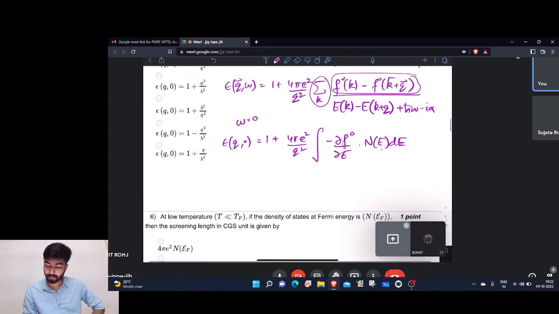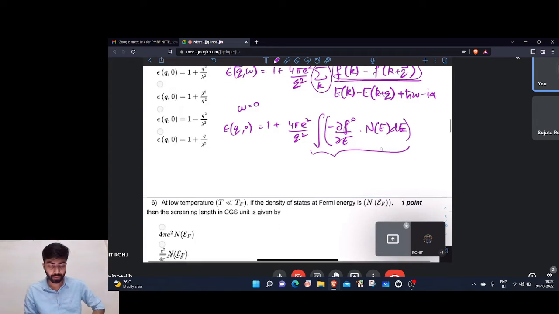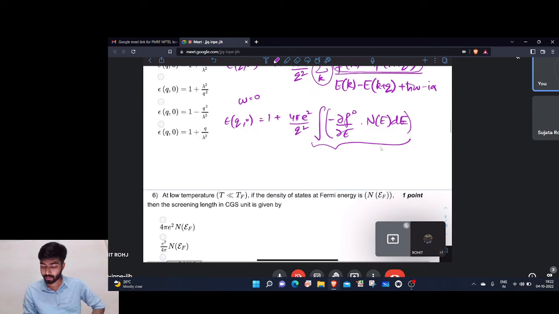Now this term in the brackets along with the total integration can be written down as the density of states at the Fermi level, because N(E) is the density of states which varies with E, whereas del f naught by del E only survives when E is equal to EF.